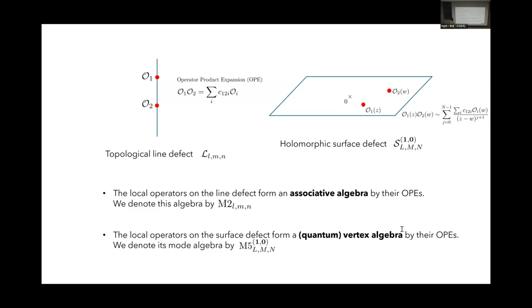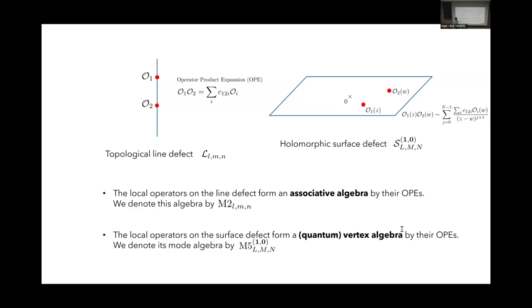And in the case of the holomorphic surface defect, the story complicates a bit, because now I have a holomorphic dependence on the position. So take two local operators, O1 of Z and O2 of W, then I can also make them approach each other by sending Z to W. But now I have to remember how this operation is singular, because it's not totally topological.